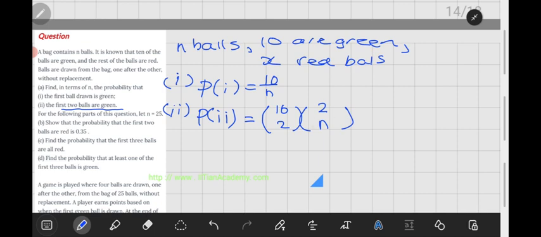So the probability should be written as such.